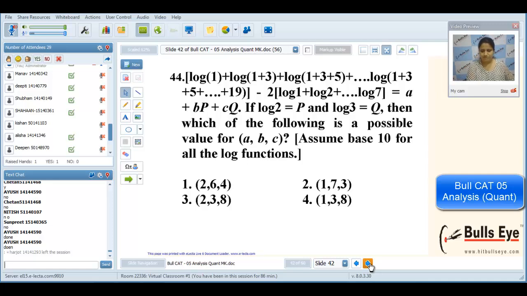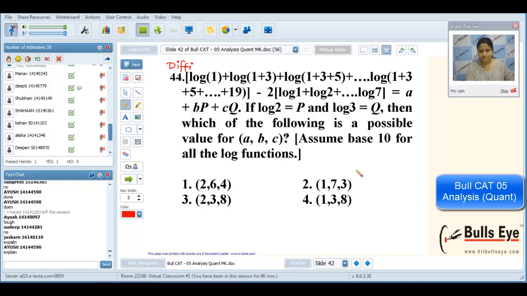Okay, what about this question, 44th? I'll take it as a difficult question. Any problem in this?